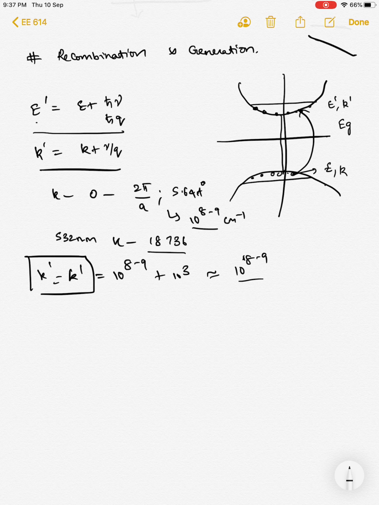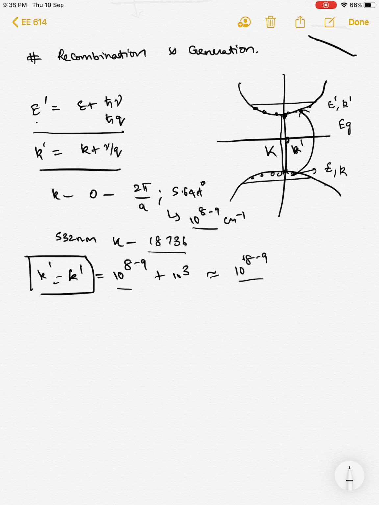That's why materials which have a direct band gap, in the sense that the top of the valence band and the bottom of the conduction band are almost at the same k value, let's say this is capital K, are the ones where it is only then that they can be excited with a photon, because the wave vector of the photon is much smaller in comparison to the wave vector of the electron.